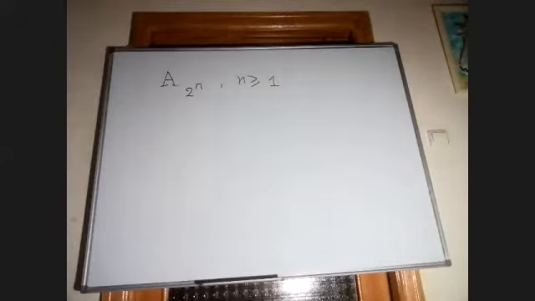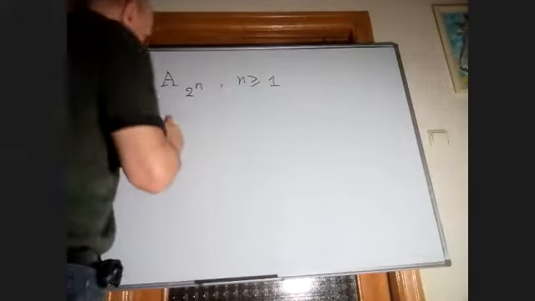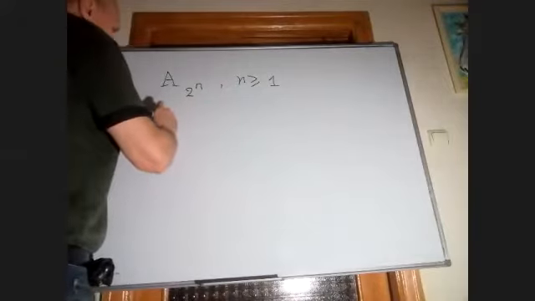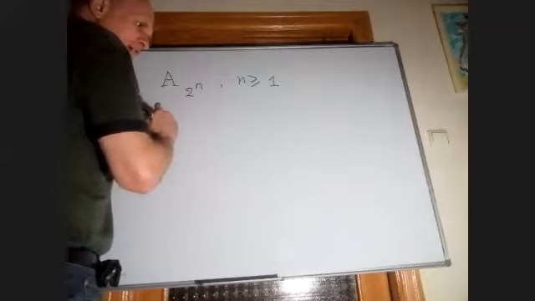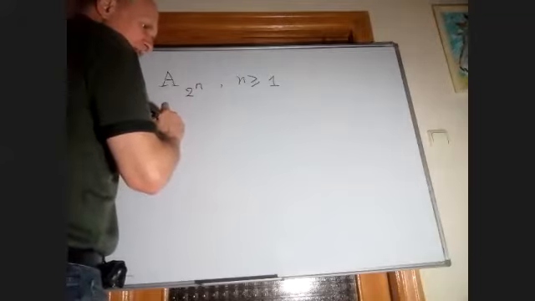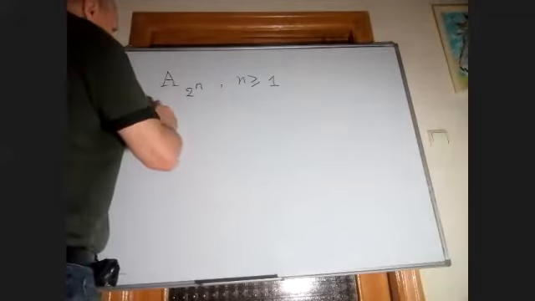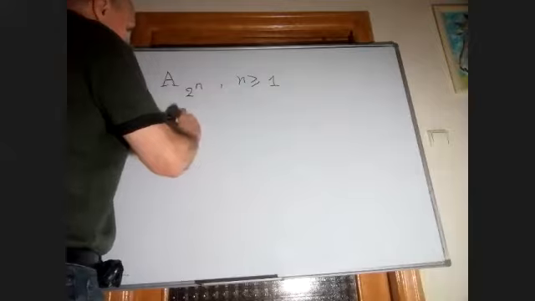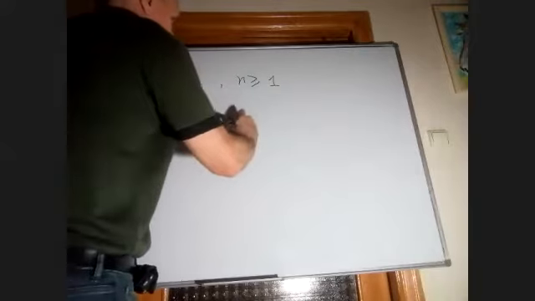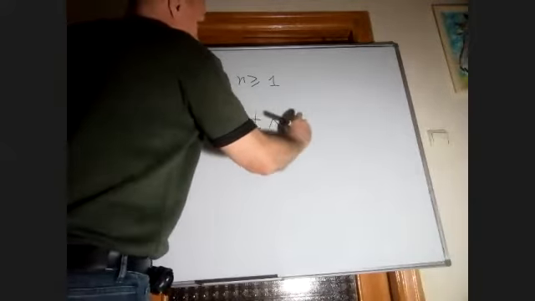Why am I considering this subsequence? Because you remember our covariance function K(t,s) for Wiener process is t minimum s.